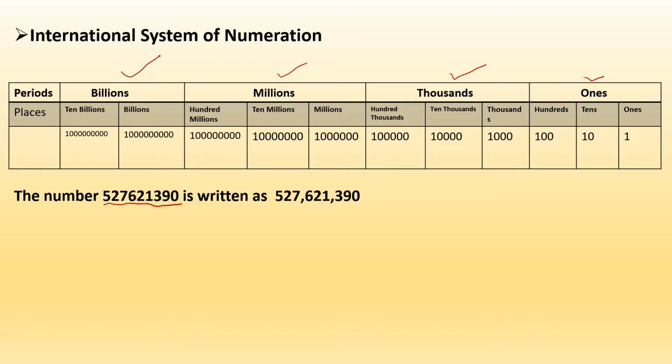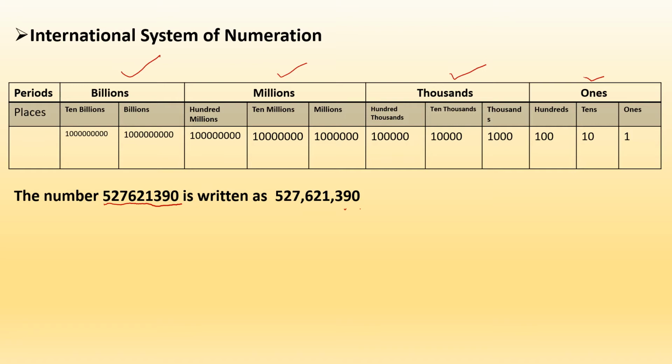You will do it in the same way, but the commas will be put after every 3 digits. Again, you count from the right and put a comma after 3 digits. In my example, I put the comma after 1, 2, 3. One comma is put here. Again, I count 1, 2, 3 and put another comma here.